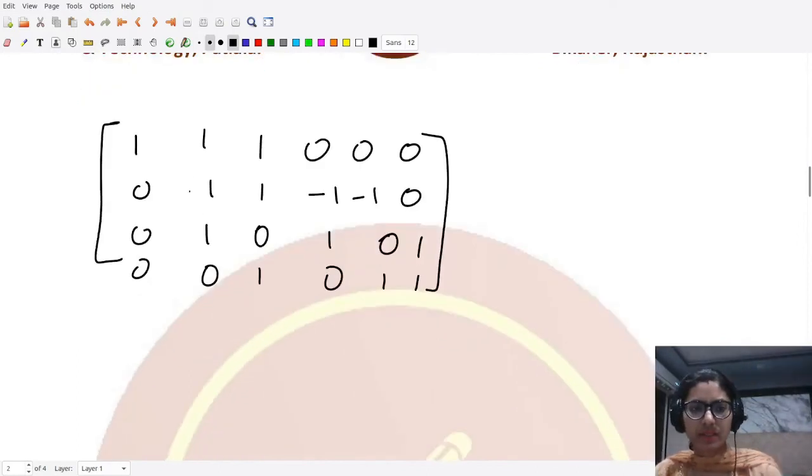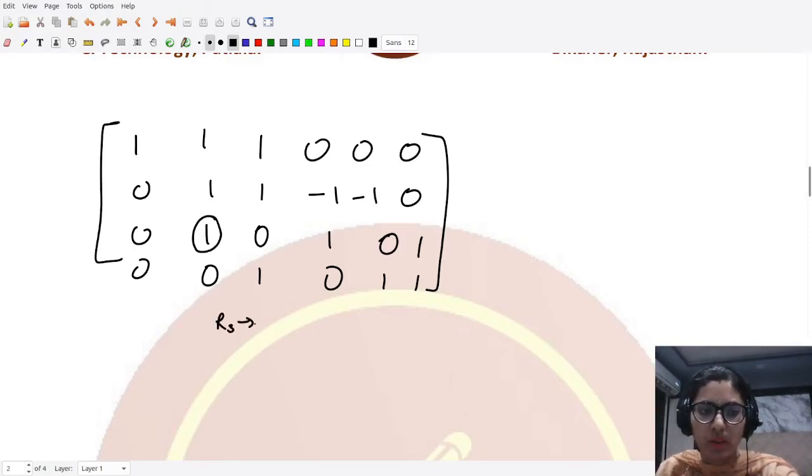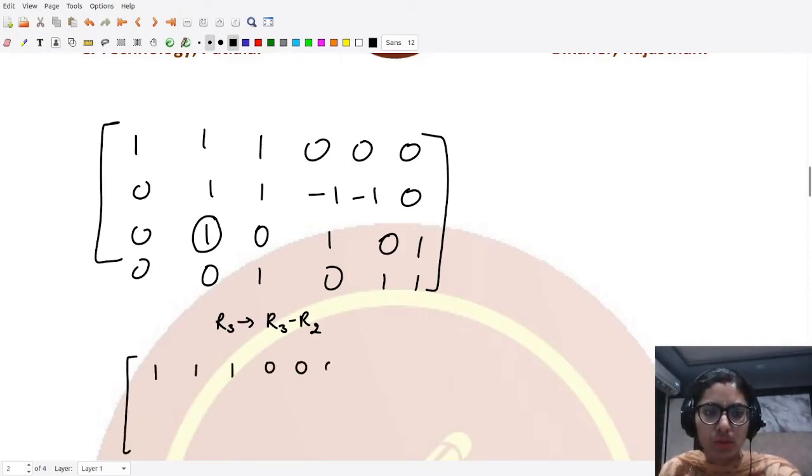Now we have to make this element 0 in order to bring it into the echelon form. So on R3 we will apply the operation R3 minus R2. Your first row would be as such, your second row would also be as such, no change here. Your fourth row would also be as such.